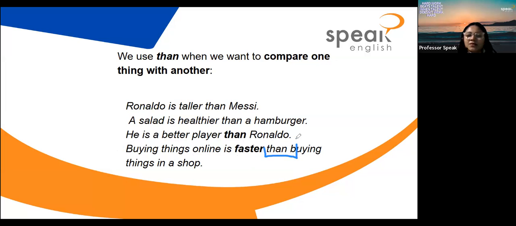Again, here we have the word "than" because we are comparing, and the comparative is "faster", faster than. What are we comparing in here? That buying things online is faster than buying things in a shop. Okay, let's continue.